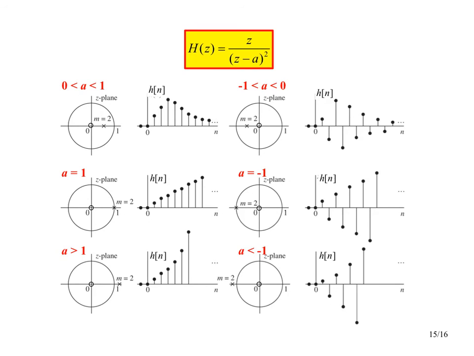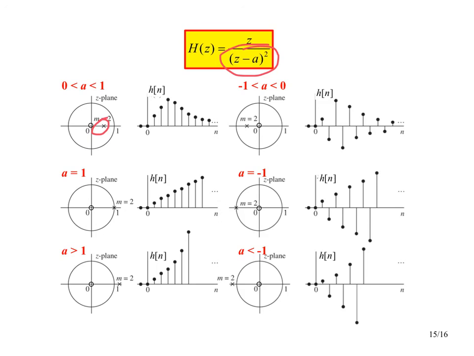Now, if we had a repeated pole, we get some interesting behavior here. When the pole is inside the unit circle, and you can see that they've demarked it with an m equal to 2, that's the multiplicity. Sometimes you'll see just the number 2 next to it.